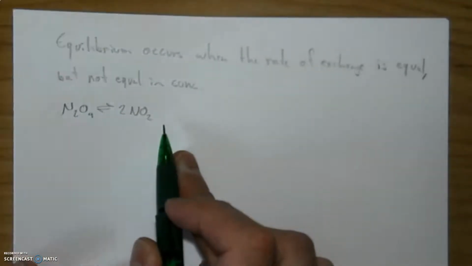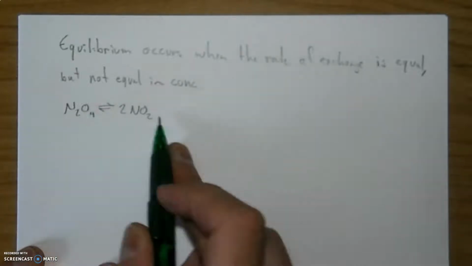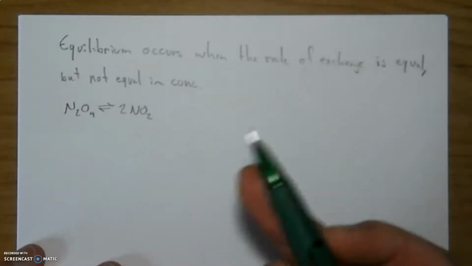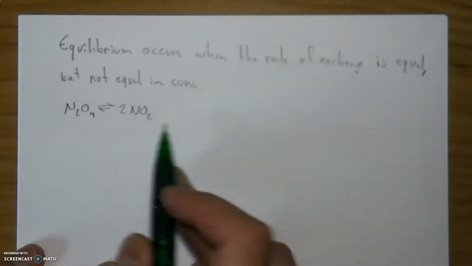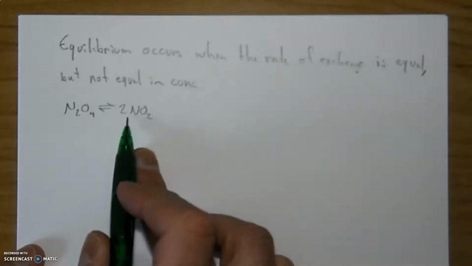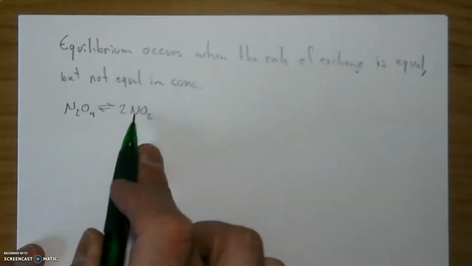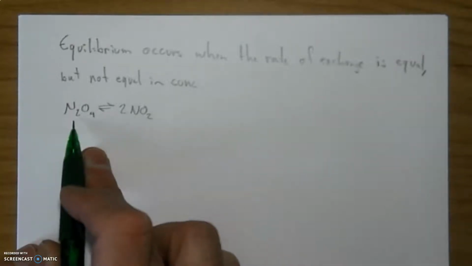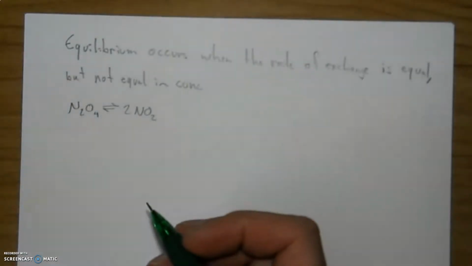Up to this point, maybe you've given it the thought that reactions just go from left to right. And sometimes they do, like combustion reactions. But a lot of reactions don't. They have a balance between reactants and products. Doesn't mean they're equal. The exchange back and forth is equal, but it may be 90% products, 10% reactants, or any other variety of proportions you want to think of.